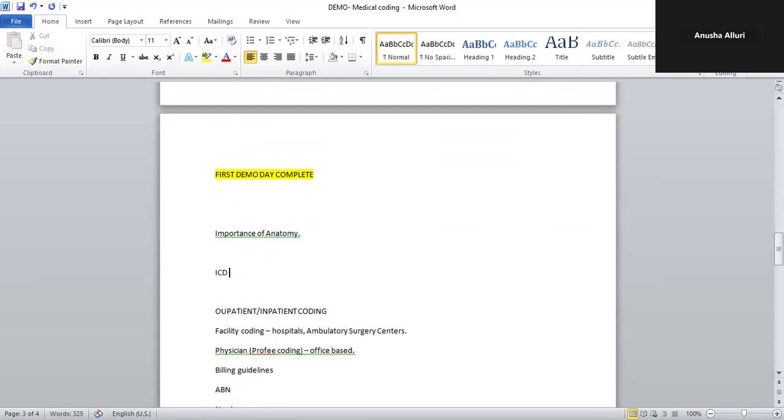ICD is a nomenclature used to represent disease, with ICD-10-CM.